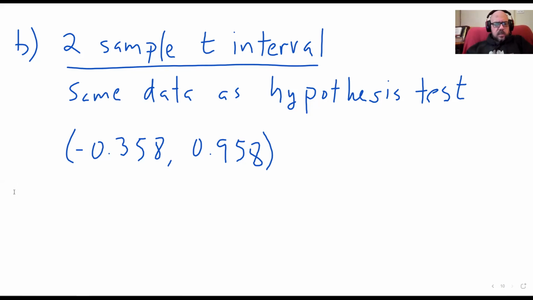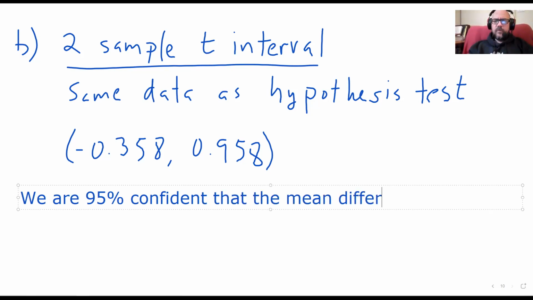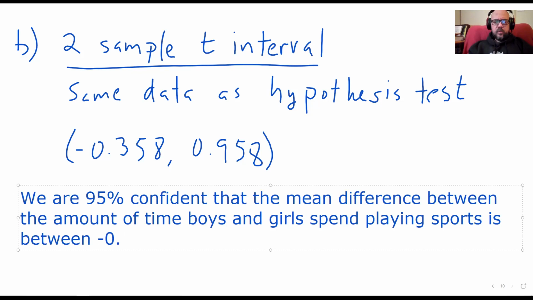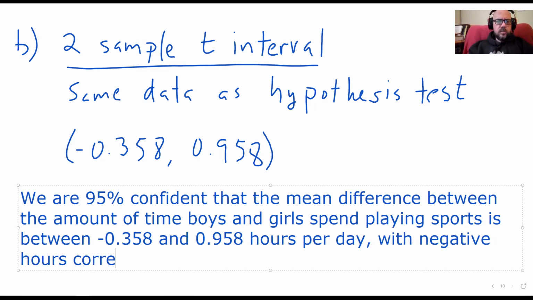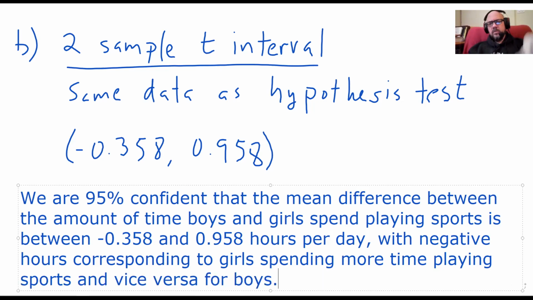We are 95% confident that the mean difference between the amount of time boys and girls spend playing sports is between negative 0.358 and 0.958 hours per day, with negative hours corresponding to girls spending more time playing sports and vice versa. Okay.